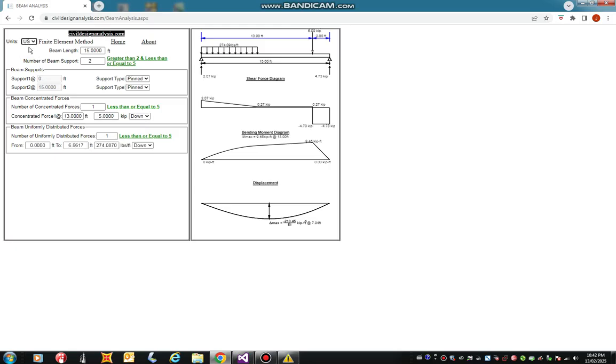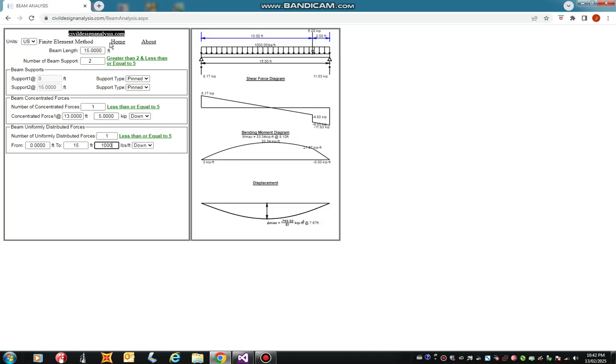We go back to the US system. We can go from 0 to 15 feet, all the way with the uniformly distributed load, and let's do it with 1,000 pounds per foot. As soon as you do, you will see 33.4 feet, and again you have a displacement here with a uniformly distributed load.